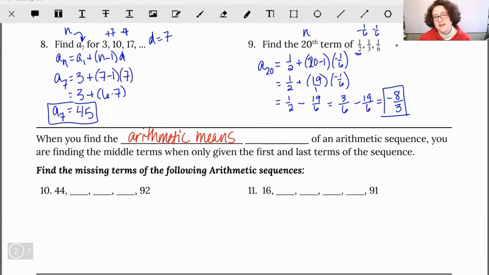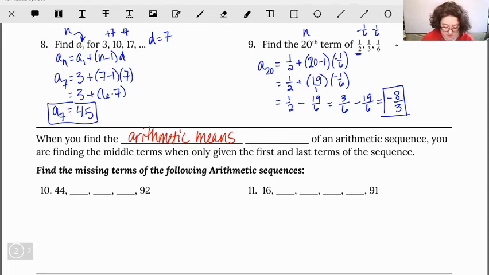Well, it's kind of like finding an average. When you find the average of 2 numbers, you're looking for the middle terms. So when we say arithmetic means, we're finding the middle numbers of this sequence, which is why it's plural. We just have to figure out how this got divvied up, with what difference we had in between the steps.